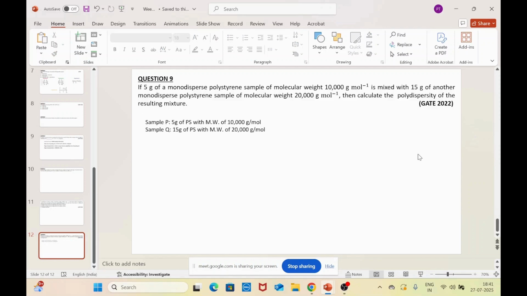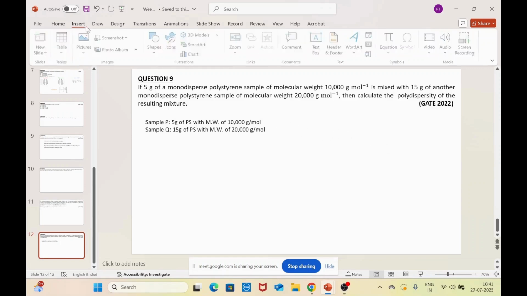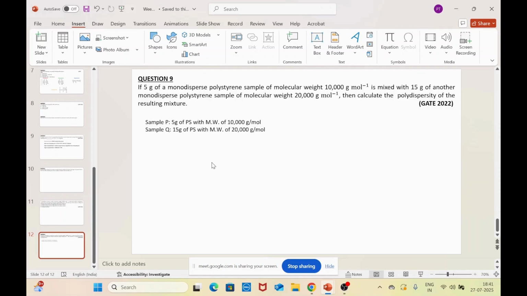This is the first step. Now we are supposed to calculate the polydispersity index, so here we have to calculate first the number average as well as the weight average.